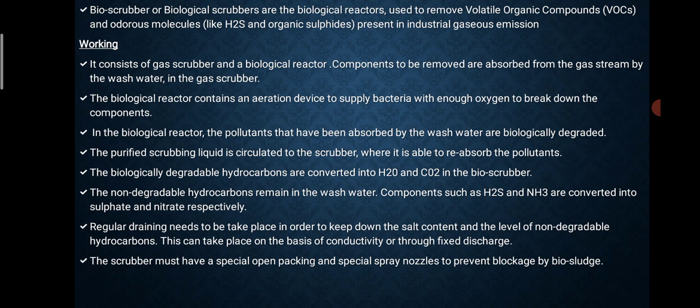In the biological reactor, the pollutants that have been absorbed by the wash water are biologically degraded. The purified scrubbing liquid is circulated to the scrubber where it is able to reabsorb the pollutants.